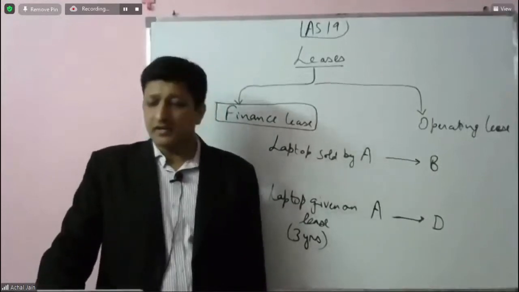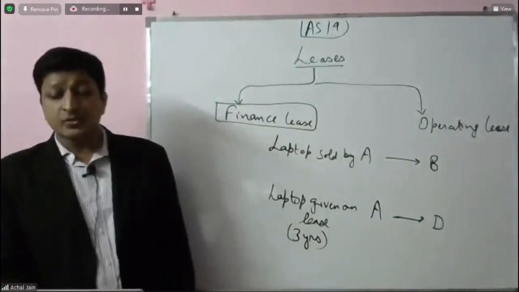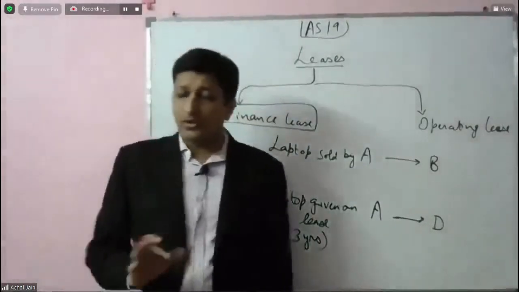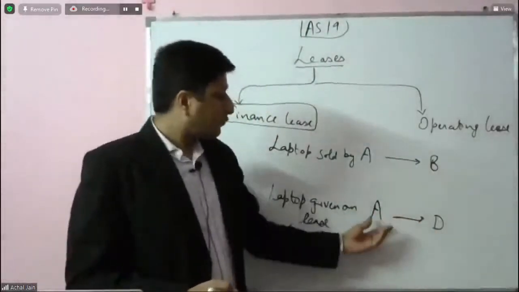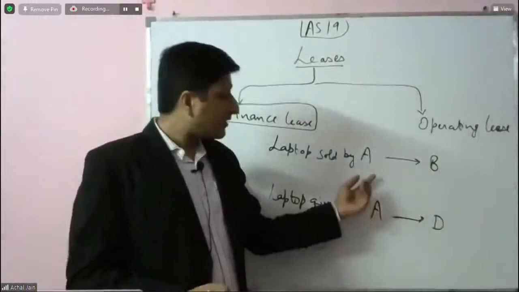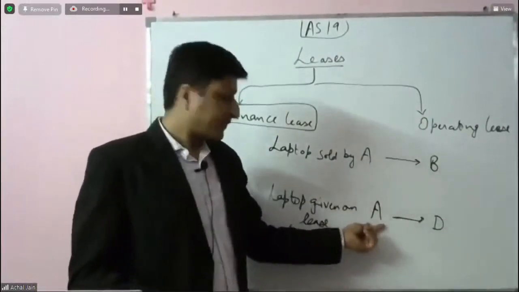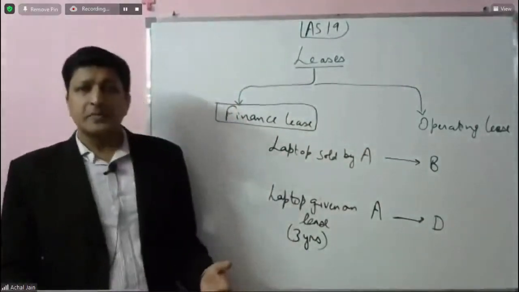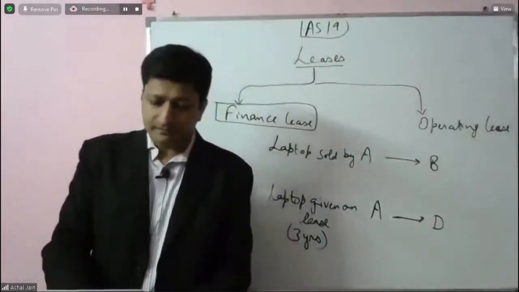Rama is saying risk and reward, but he has not clarified. Kamal is saying if anything happens to the asset, different persons will be liable. No, I'm not talking about different persons being liable. You can say that one is the seller, second is the buyer, and of course, one is the lessor, second is the lessee. So, of course, parties are different, but I'm saying in terms of structuring, do you see any difference?